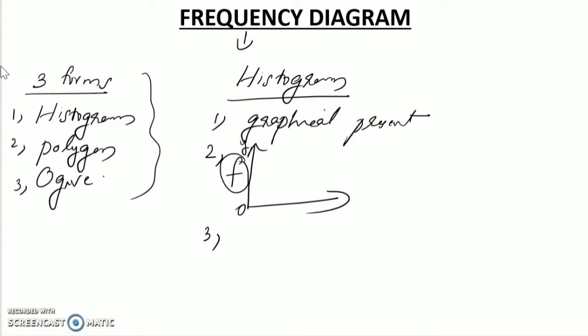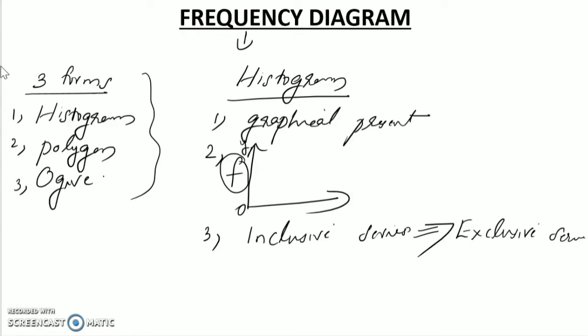And the third important point is if the table is given in inclusive series, that is the class intervals are in inclusive series, then we have to convert that into exclusive series. That is very important. I am not explaining this again because it is there in the organization of data chapter that you have completed, so you know what is inclusive series and exclusive series.